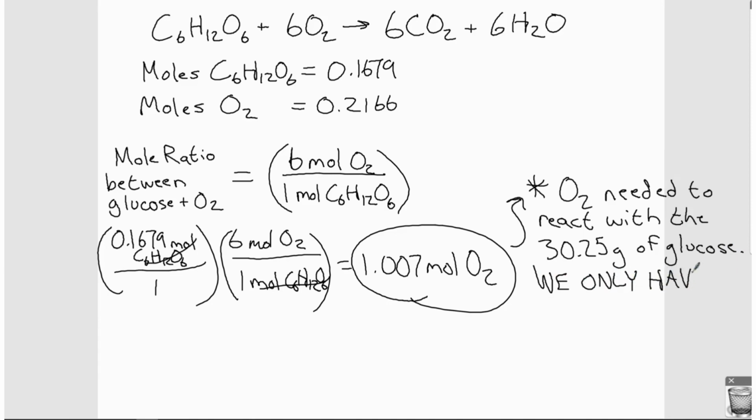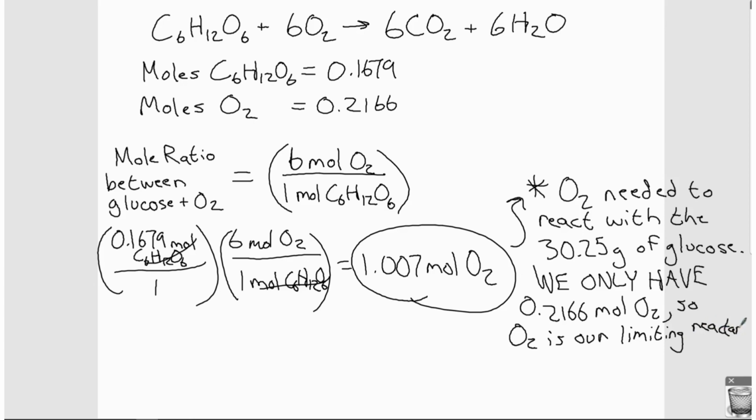So this will make oxygen our limiting reactant. And what does that mean? That means that all of our mathematical solutions that we come up with are going to be based off of our quantity of oxygen. We have excess glucose. We do not have excess oxygen.